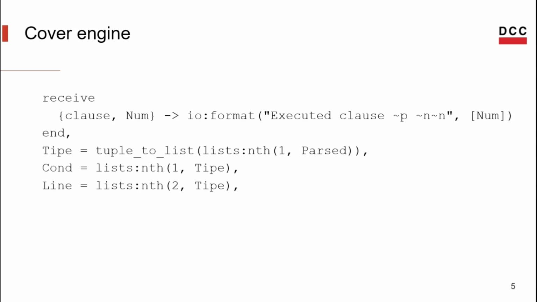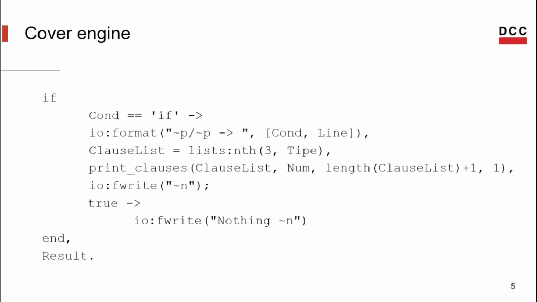As in this example we are just dealing with ifs, as soon as we identify that there is an if, we store the clauses inside the if in this clause list variable, and then we print the clauses. We invoke this function called print clauses, which is a recursive function that goes through the clauses, sees the ones that were executed and the ones that were not, and does the process that we have already explained. And if we do not identify the if, then we just print nothing.